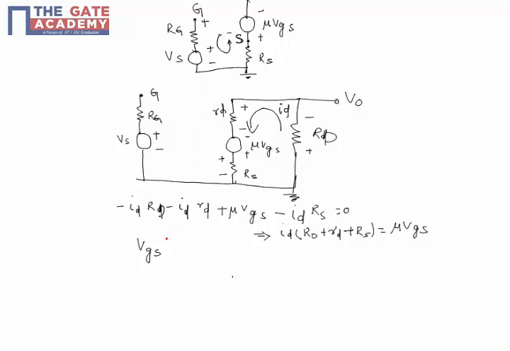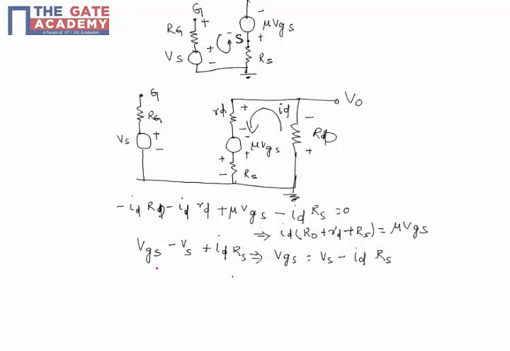This is plus to minus, so minus VS, and this is again minus to plus, so this will be plus. What is the current? We have already seen the current is flowing ID, so this will be ID into RS. So from this, VGS equal to VS minus ID into RS.